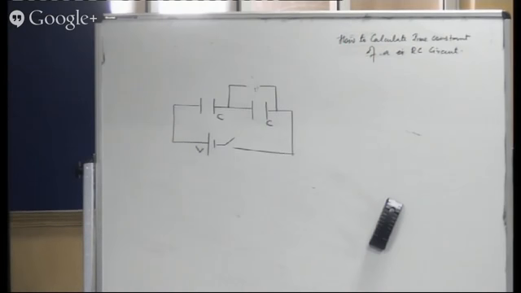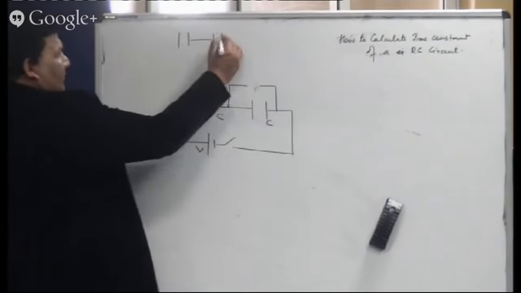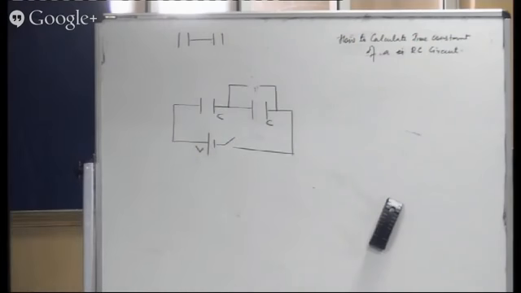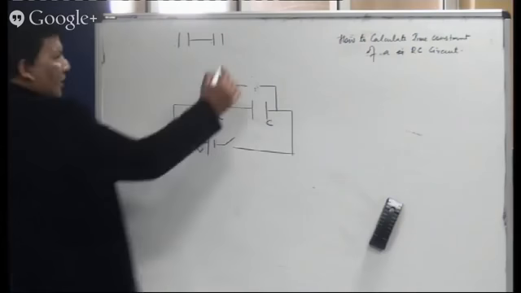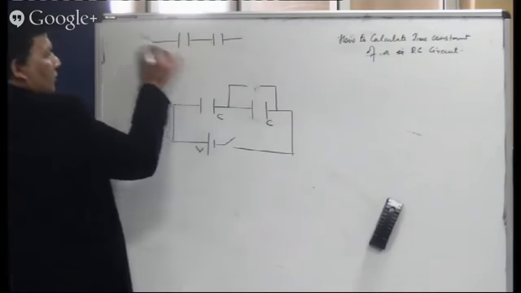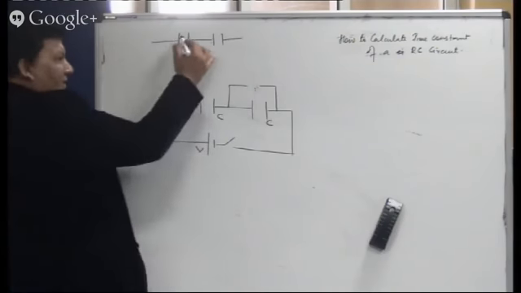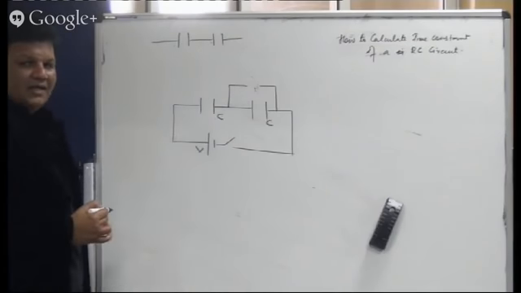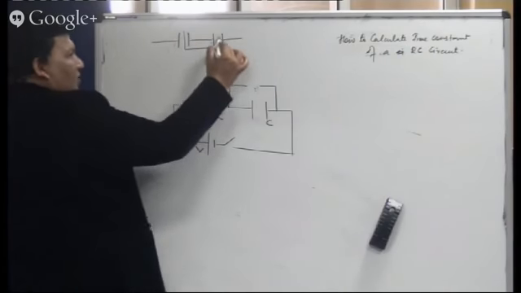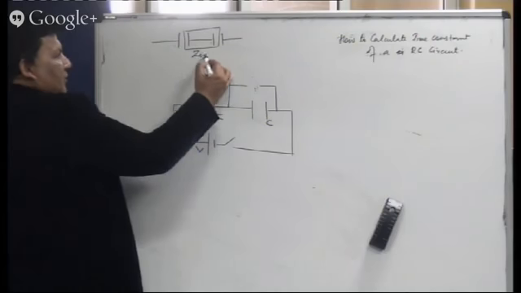Now, how do you recognize two capacitors in series? You say, sir, they are in series, right? This is not the condition for series. Let's first do the first part and then come to the second part. By the way, two capacitors are in series only if the net charge on this system is 0.